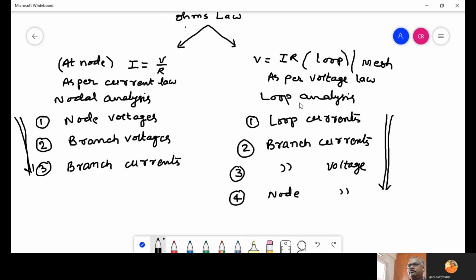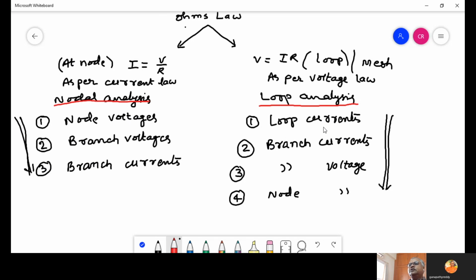So what is the advantage of loop analysis? When we use loop analysis, when you want currents, because immediately you get currents. When you want node voltage, prefer nodal analysis.